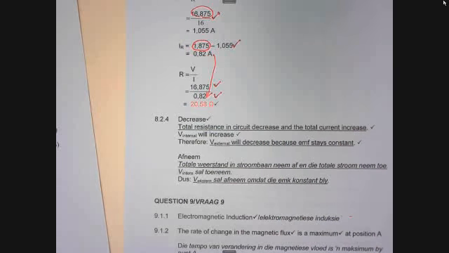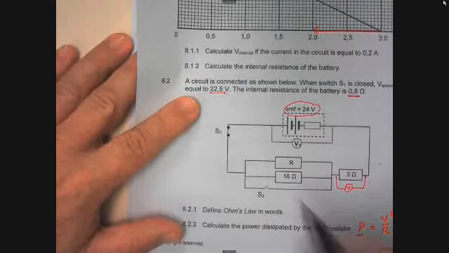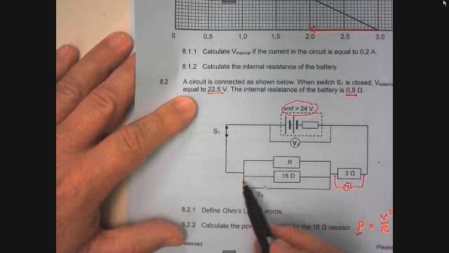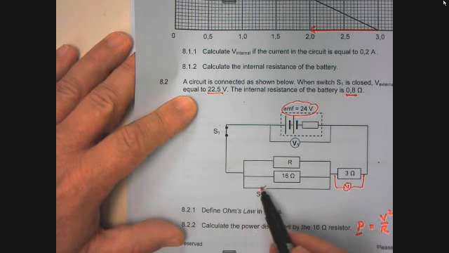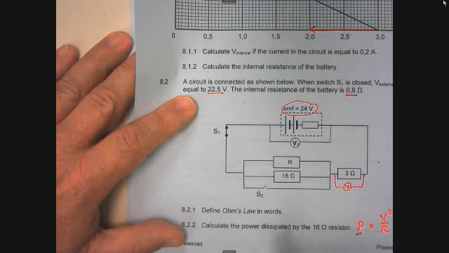Then the question where the learner must interpret what happened if a switch is closed or open or a resistor added. In this instance, the switch S2 is closed. So in actual fact, you are short-circuiting this part of the circuit.